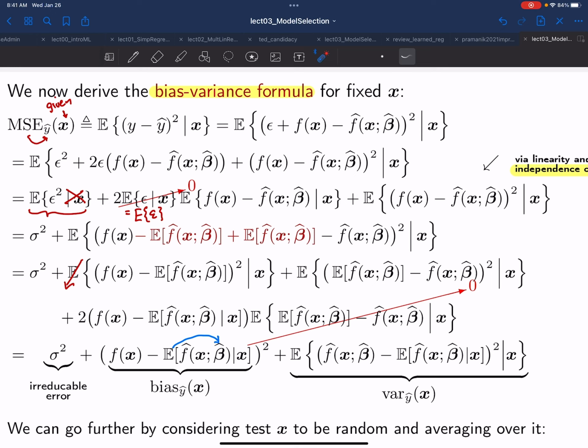When you think about the definition of variance, like the sample variance we saw, statistical variance is similar: you always look at the average of something minus its mean, squared. And this thing is y hat, so this is the variance of y hat as a function of x. As my test features change, this variance can itself change, and I'll show you some pictures. Similarly, as x changes, the bias on y hat can change.